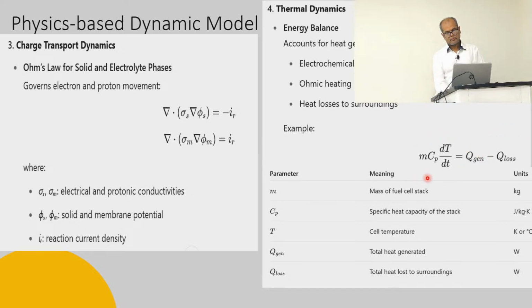Otherwise, that difference gives you the changes in temperature, the temperature dynamics within that system. So it involves the electrochemical reaction, heating, and heat losses to the surrounding, and these are the parameters you need to model the thermodynamics: mass of the fuel cell stack, specific heat capacity, cell temperature, total heat generated, and total heat losses to the surrounding.